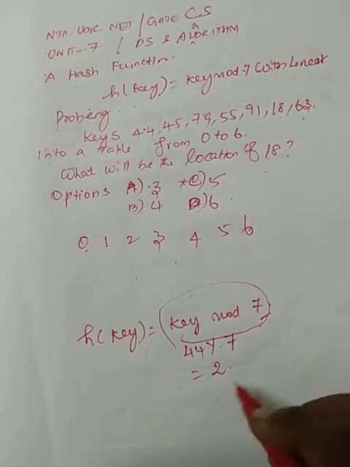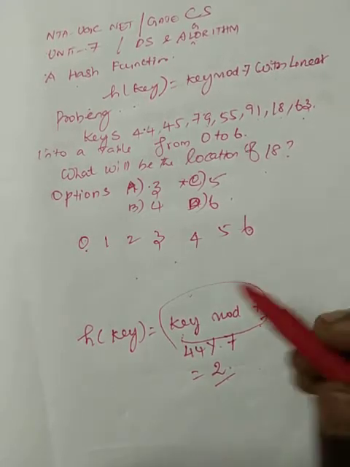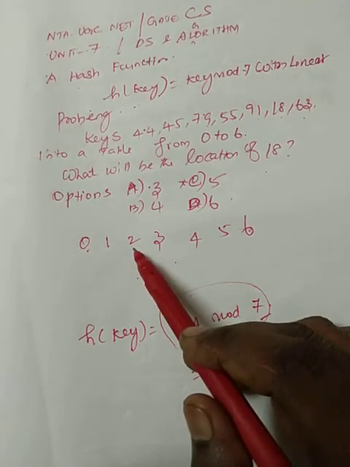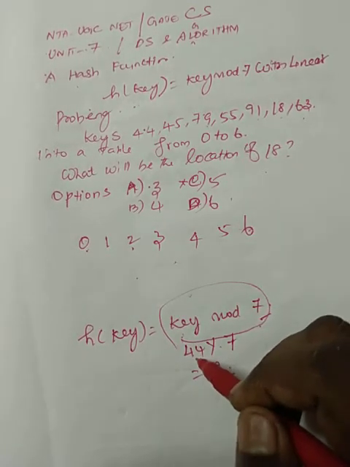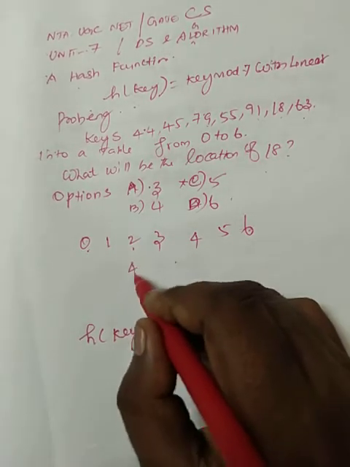Now we compare this remainder 2 with the locations. Here we have location 2, so we take this key 44 and place it here.